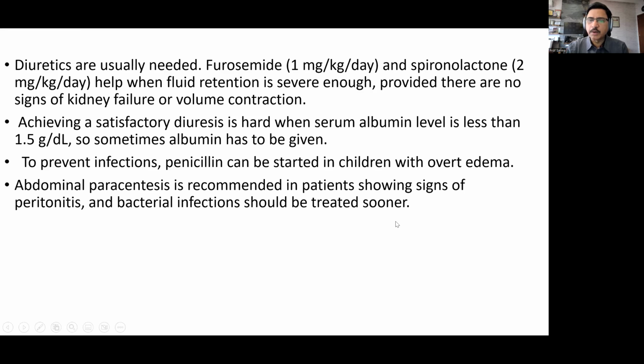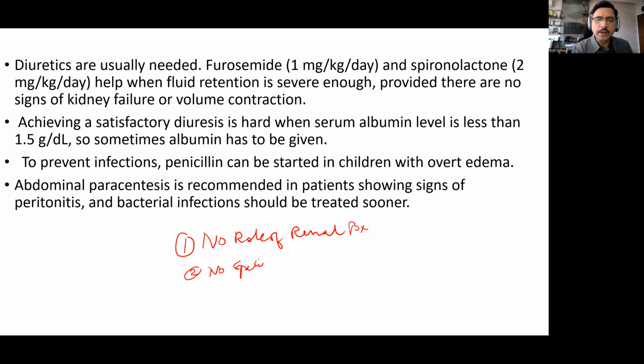There are points you all have to know. One, no role of renal biopsy unless you are suspecting something very different; it is not routinely done. Second, no special investigation other than urine analysis and serum proteins. Number 3, steroids are the first agents to be tried.